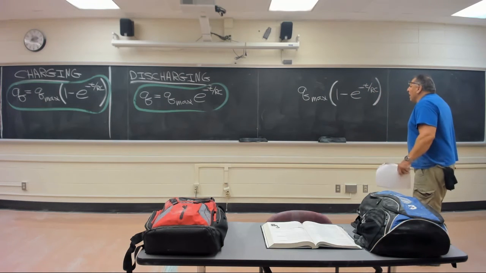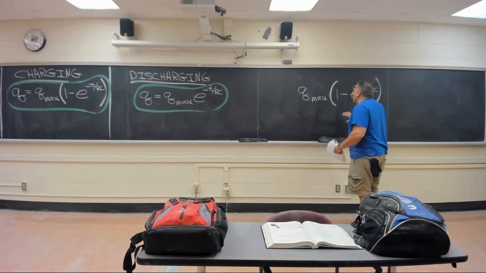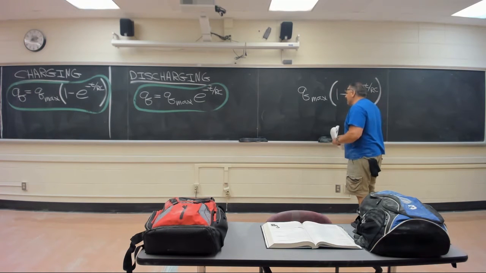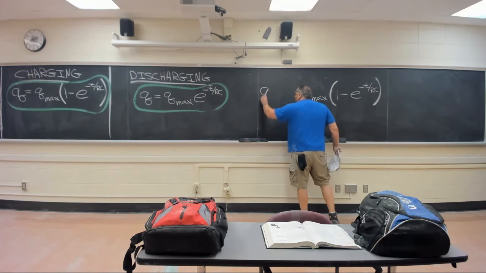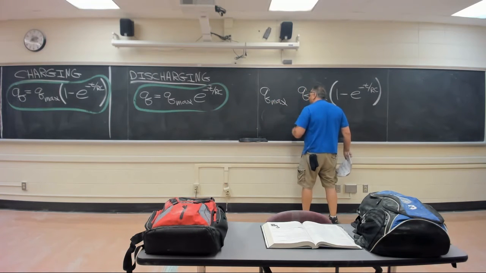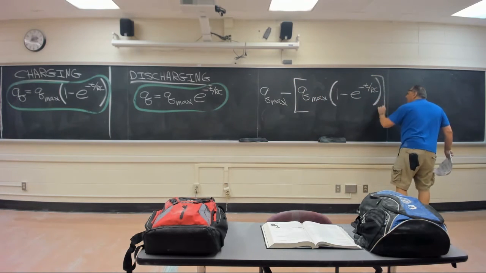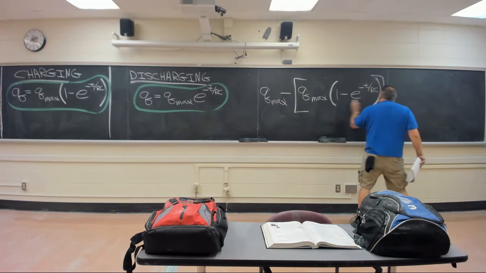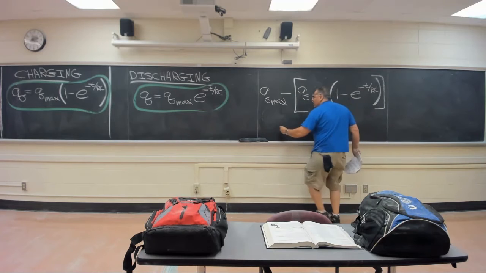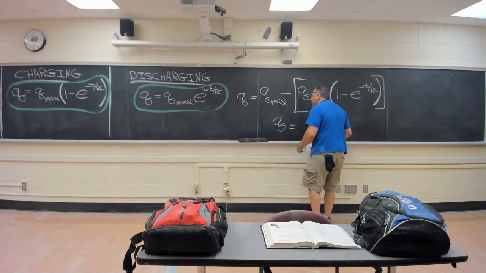Okay, great. If this much charge had left the capacitor plate rather than being on it, and let's say it was fully charged before, I'm going to subtract from the fully charged amount that it was, this much left, leaving you an amount Q that's on the plates while it's discharging.